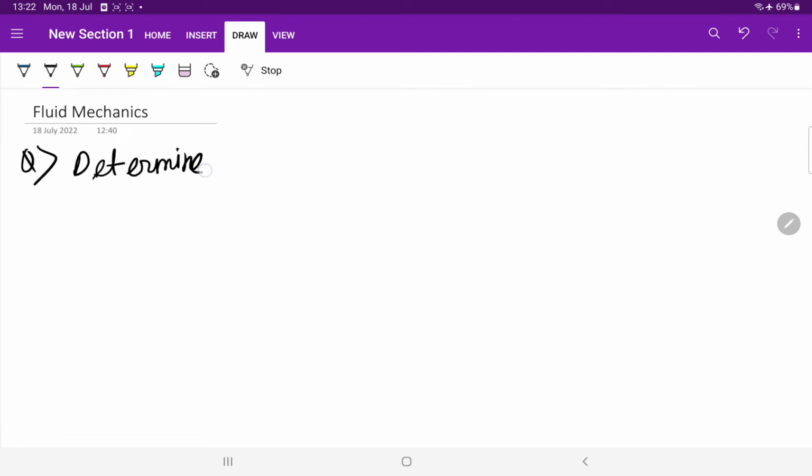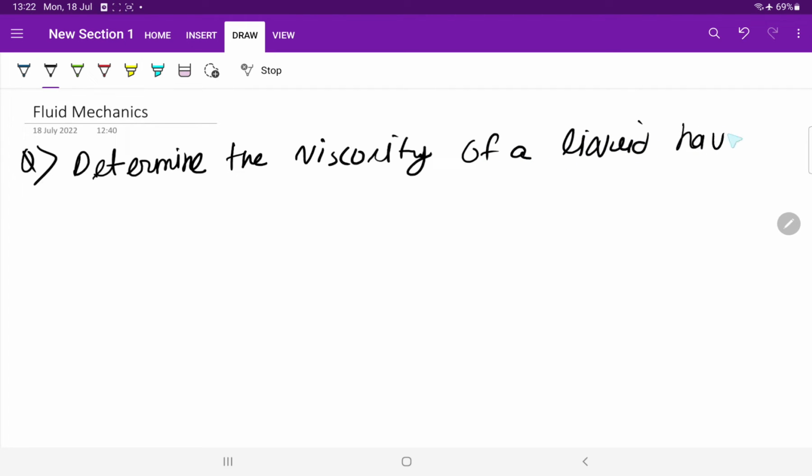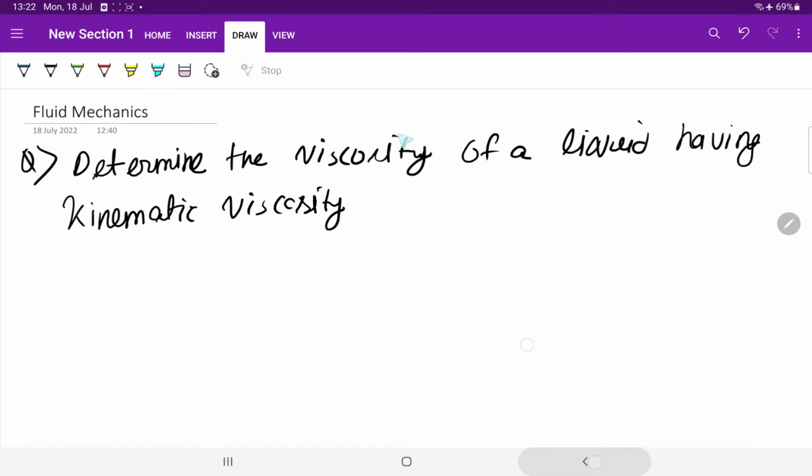Determine the viscosity of a liquid having kinematic viscosity 6 Stokes and specific gravity 1.9.